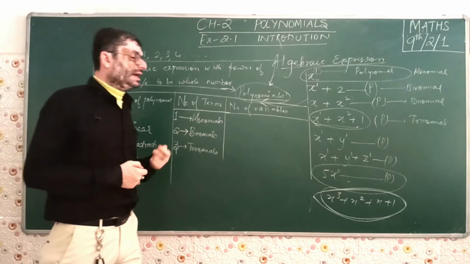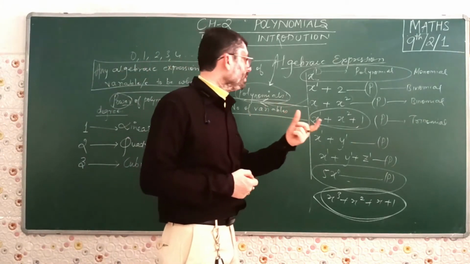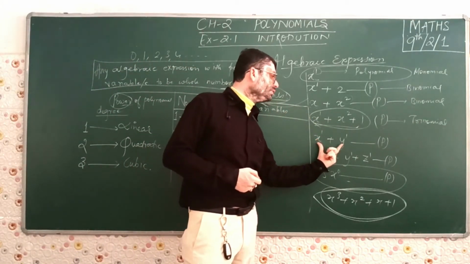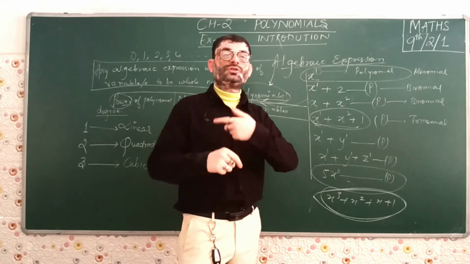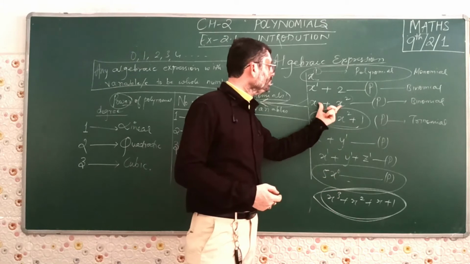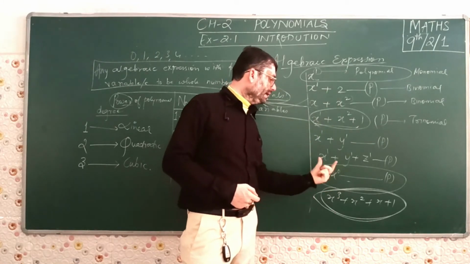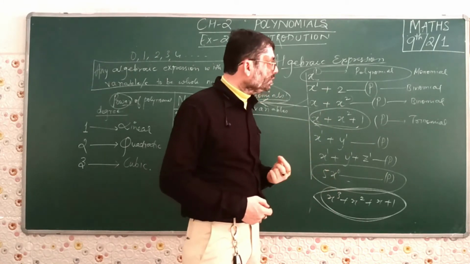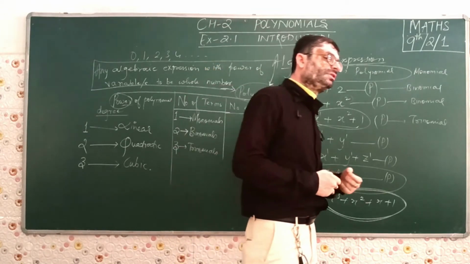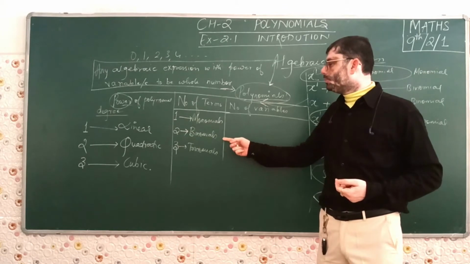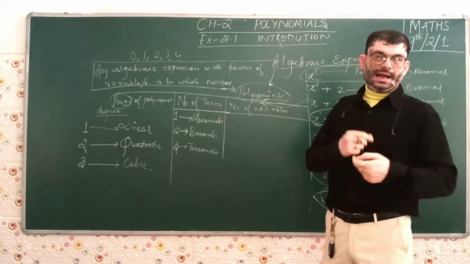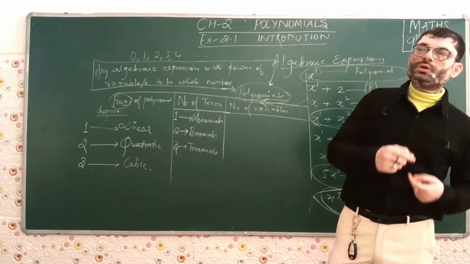That means if it has x and y, it is x plus y. We say it is a polynomial in 2 variables, polynomial in 3 variables. These are polynomials in 1 variable. This was a constant polynomial, and based on the number of terms, we have defined them as monomials, binomials, trinomials, and polynomials if it is more than 3 terms.